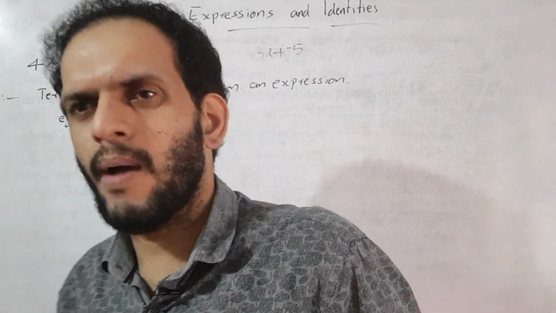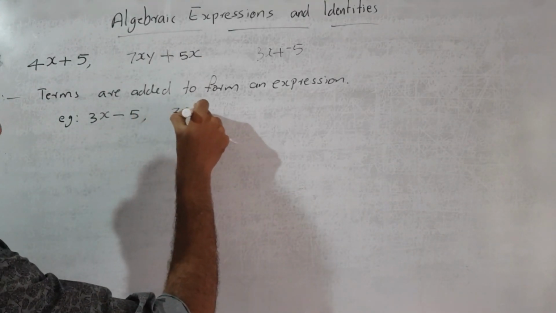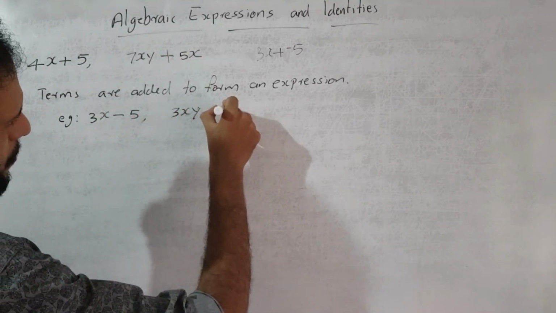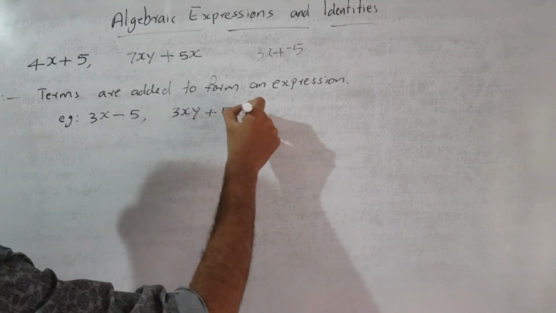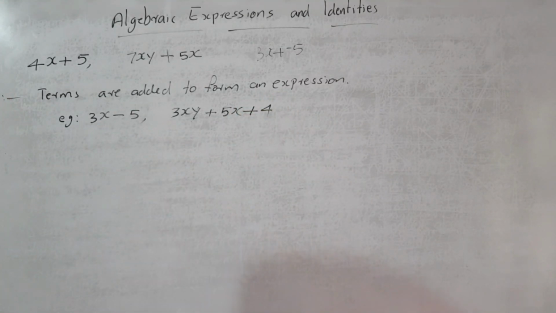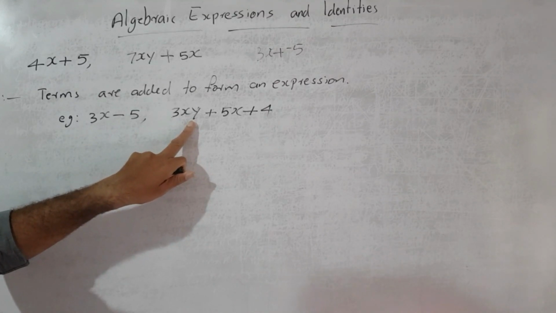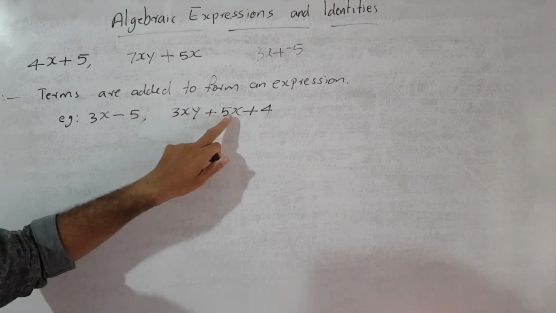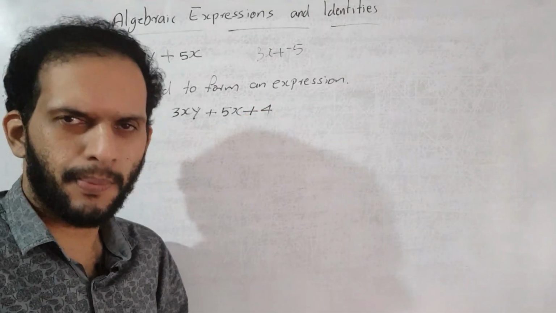Another example: 3xy plus 5x plus 4. 3xy is the first term of the expression, 5x is the second term, and 4 is the third term of the expression.